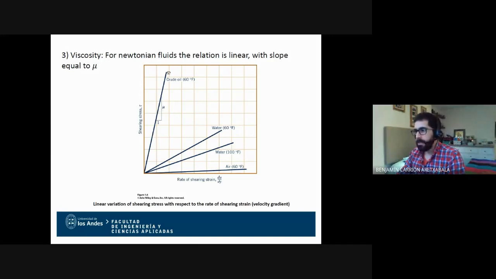So for instance, here you have oil, and the slope, or the inverse of the slope, represents mu, the dynamic viscosity. Here you have water at a certain temperature, and you can look it up. If you heat up water, it is less viscous. The more temperature it has, the less viscous it is.